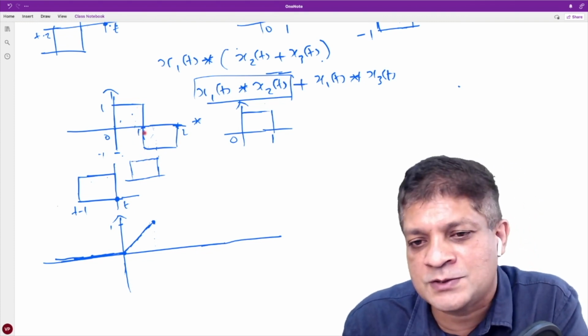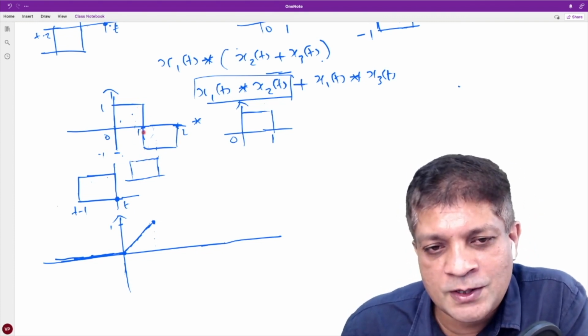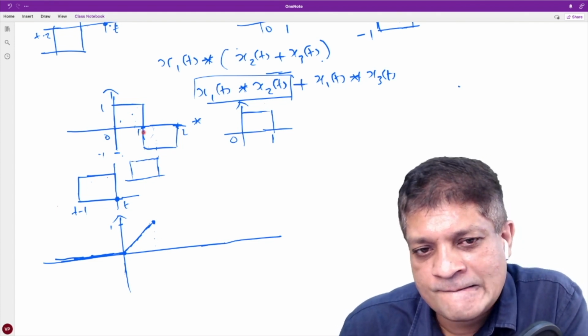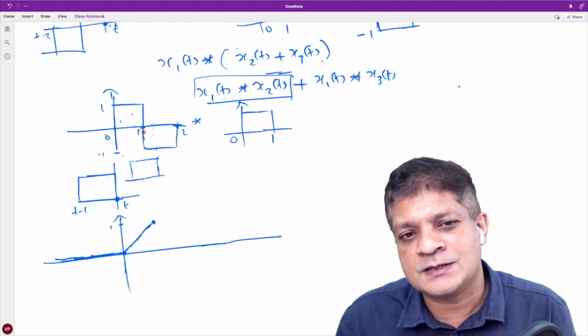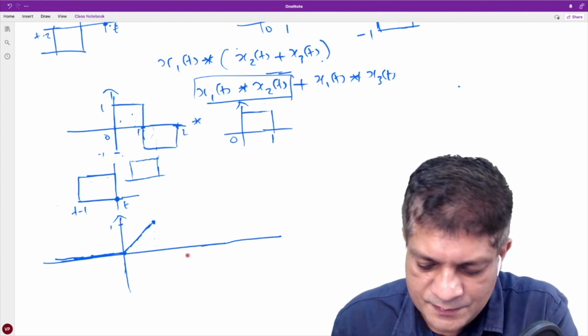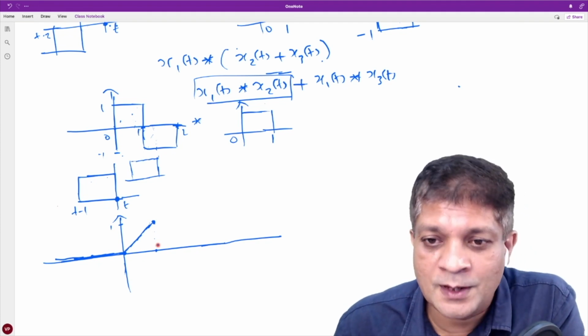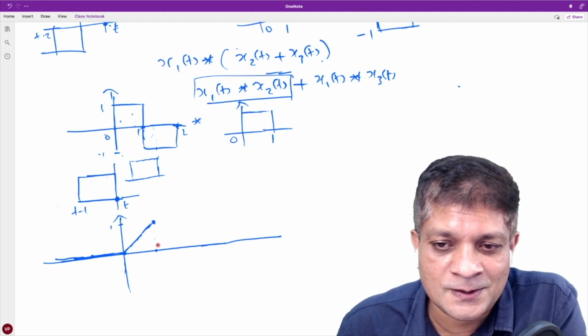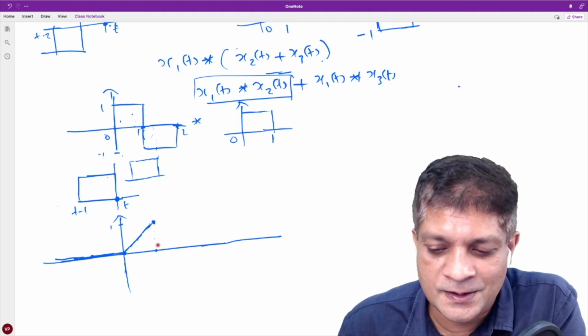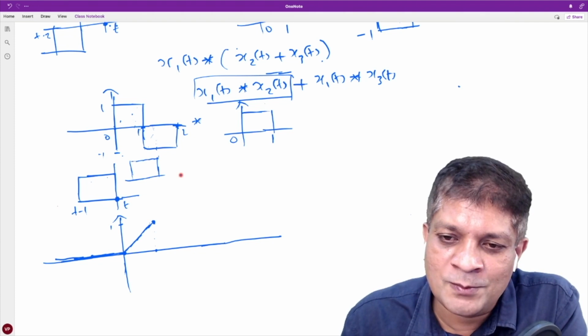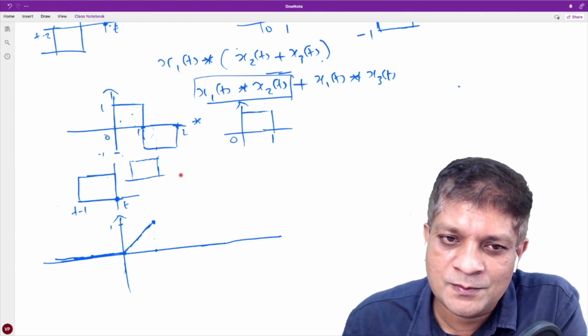If we multiply these two and find the area, is the area decreasing or increasing? Decreasing with a higher slope. Anyway, that is a linear decrease, isn't it?